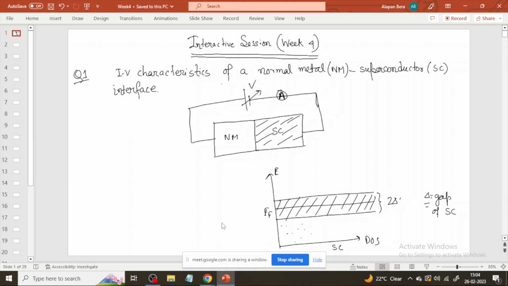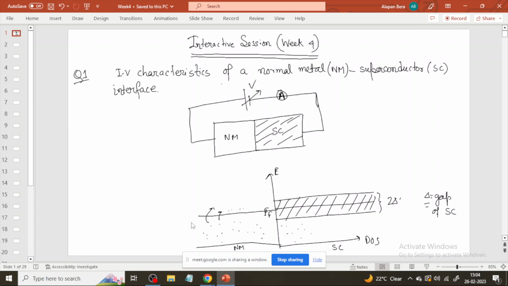Now, in the case of a normal metal, let's say this is the Fermi energy of the normal metal. Electrons can exist here, and electrons can also be excited and go to the region above. It is not like the superconductor case.